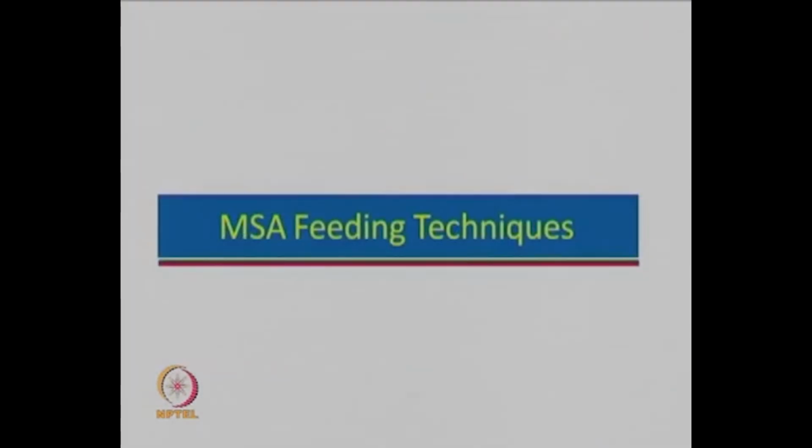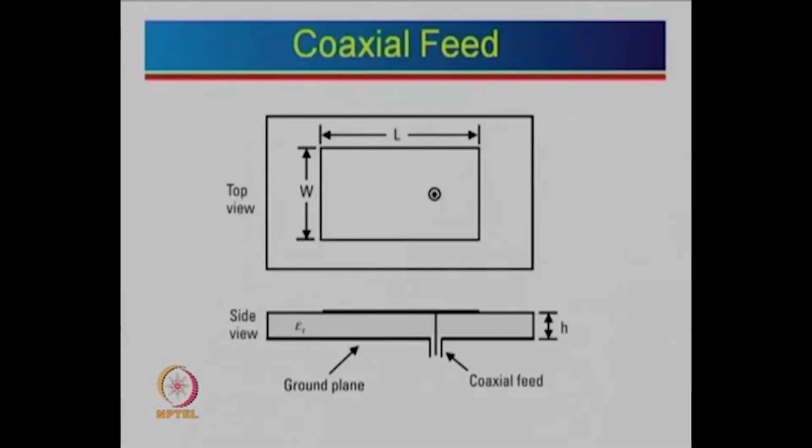So, how do we feed these microstrip antennas? There are various techniques to feed microstrip antenna. One technique we have already discussed. Here we have a rectangular patch, and we are using a coaxial feed right over here. You take a coaxial wire and connect it with an SMA connector or N-type connector.